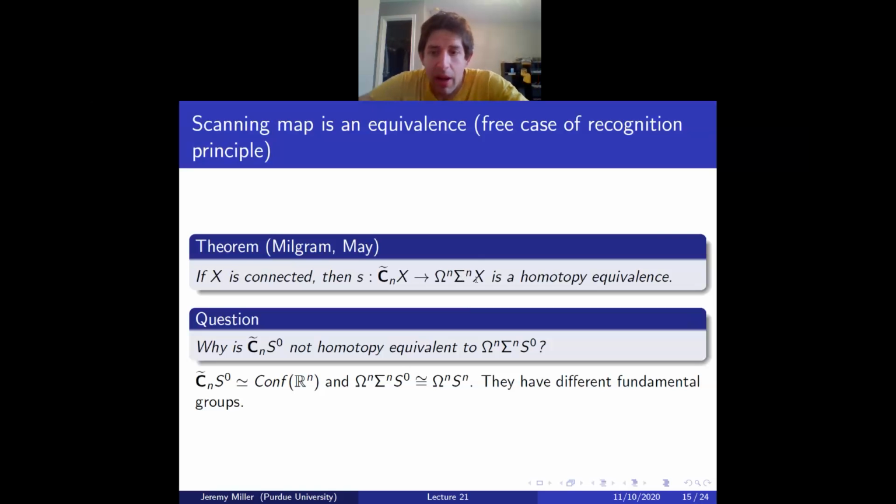So the idea is we're going to try to use this to prove the results in the free case, and then prove the results in general, using ideas inspired by the Cartan theorem, that if a property holds for free abelian groups and is preserved by taking homology, then it holds for all abelian groups.